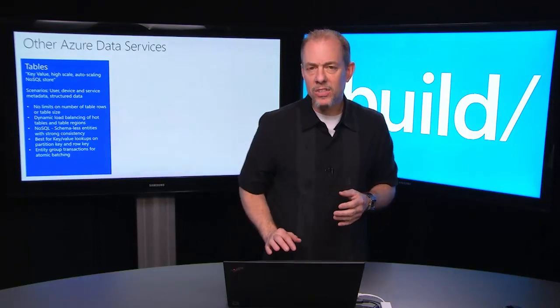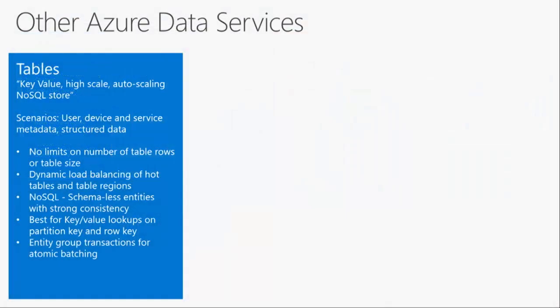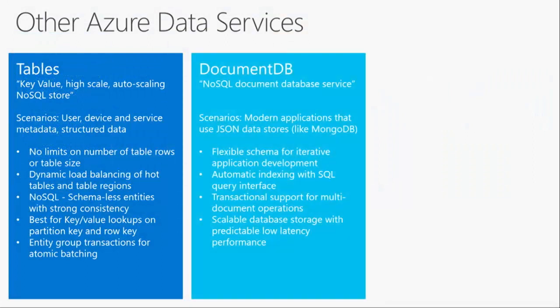A couple of other data services that I wanted to talk about just briefly. We went extensively into tables. Let's say that you're storing primarily JSON documents, and most of the data that you're storing is JSON in nature. You could use the fully managed service DocumentDB. Now, DocumentDB gives you some really great features, especially if you're storing things like JSON documents.